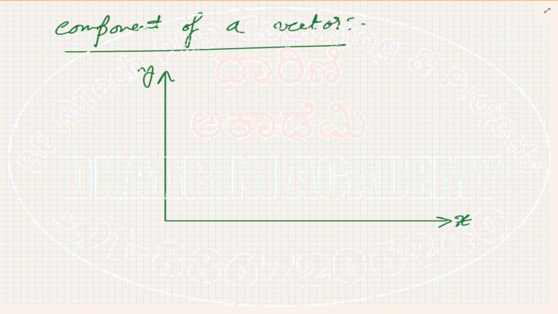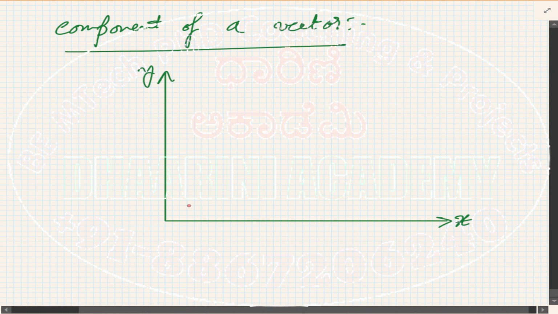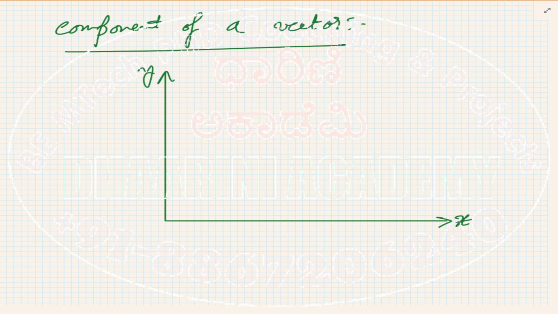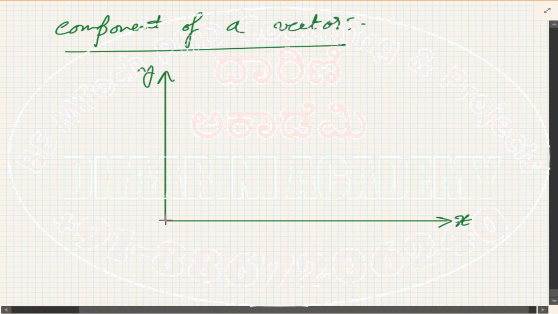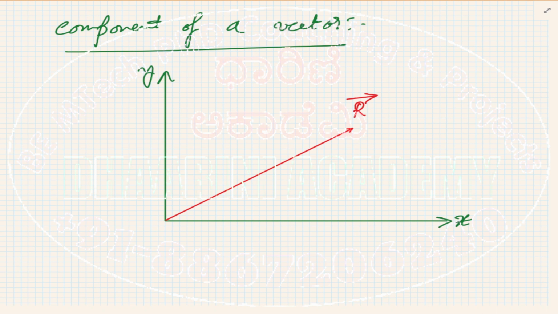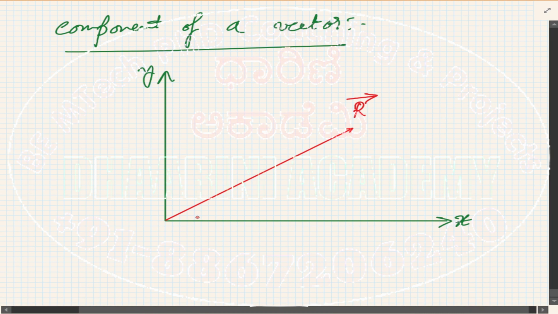Okay, and let's denote a vector. Okay, so say this is a vector, this is our vector. Now this vector makes an angle, say theta, with respect to the x-axis.